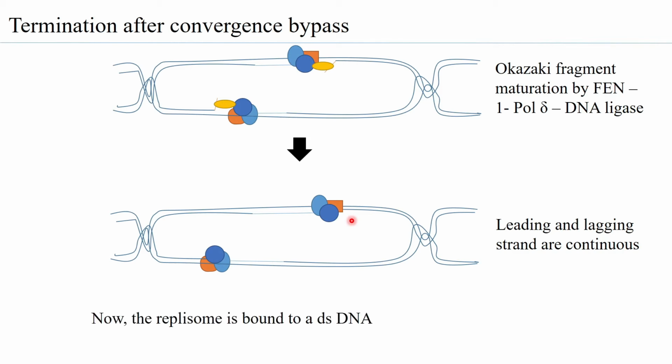Previously, the replisome machinery was partly bound to the single strand DNA that acts as the template and to the double stranded DNA that it is synthesizing. But now, once the entire leading and the lagging strand become continuous and you have a complete double strand DNA formed, the replisome is now bound to a double strand DNA.